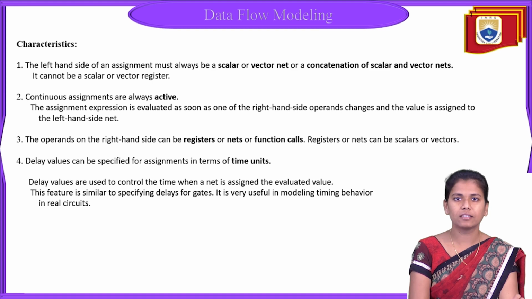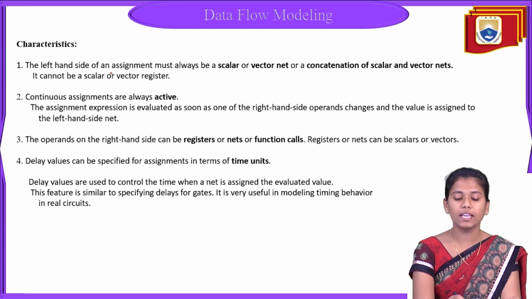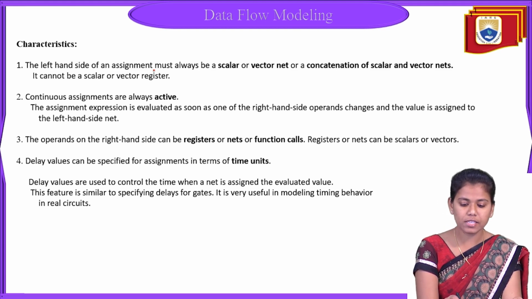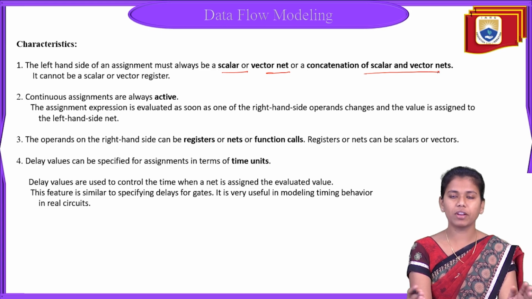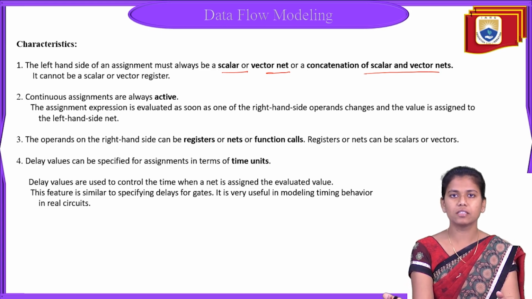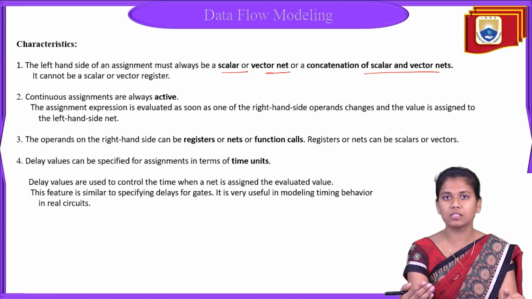Coming to the characteristics, what sort of characteristics does data flow modeling have? The left hand side of an assignment must always be a scalar or vector net, or a concatenation of scalar and vector nets. So what does this left hand side and right hand side indicate? In the previous slide we discussed the syntax, right?